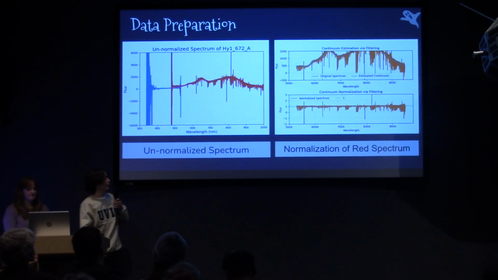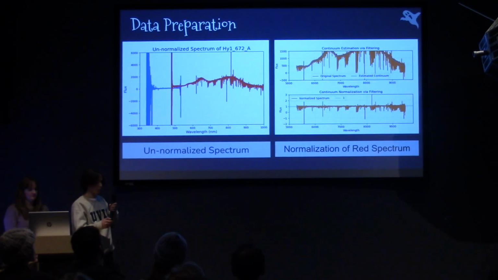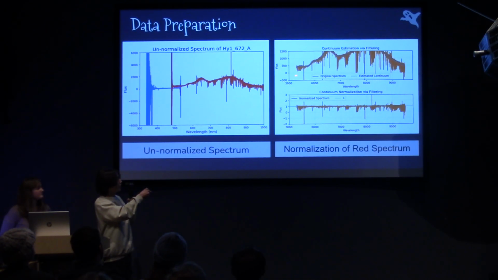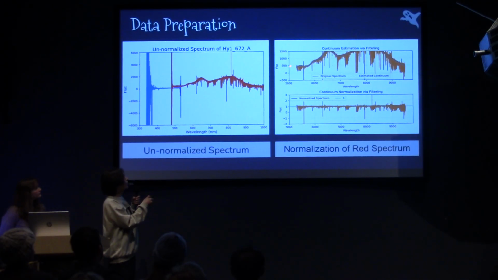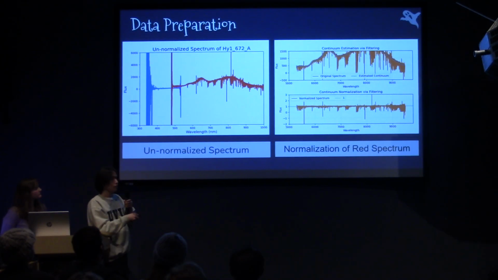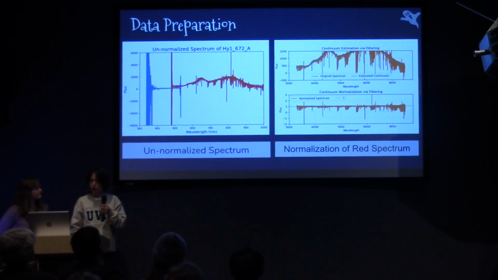Once we have the data downloaded, for both the blue and the red region, we would fit a line to it, and then we would flatten the data into a normalized spectra. If you can notice here, the flux up here ranges from about 0 to 1500, but after normalization, it would be dropped back to 1.